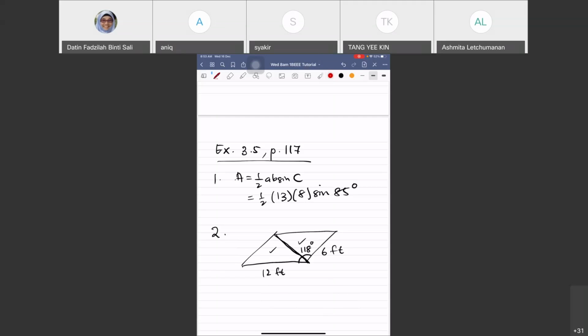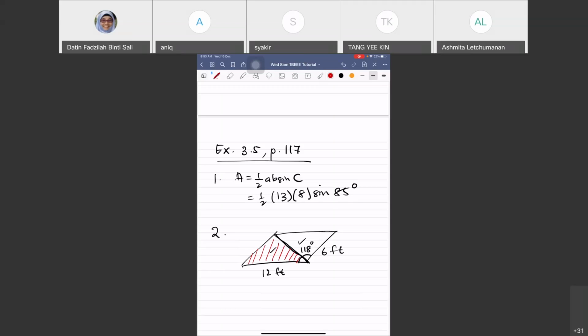So how do we find the area of a parallelogram? If we talk about the area of a triangle, we are talking about half. The area of a triangle is half of the area of a parallelogram.